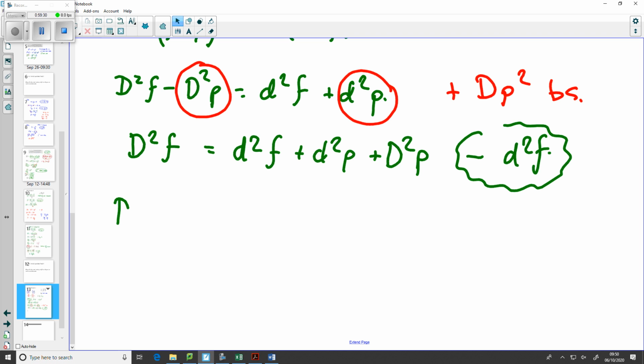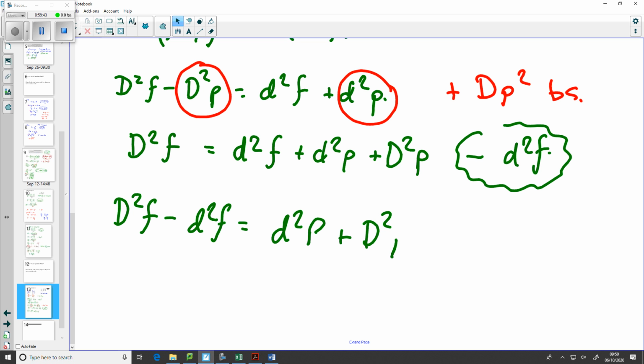So we got big D squared f minus little d squared f is equal to little d squared p plus big D squared p.